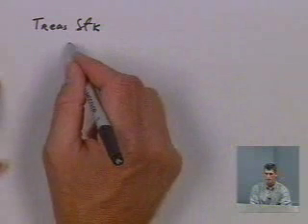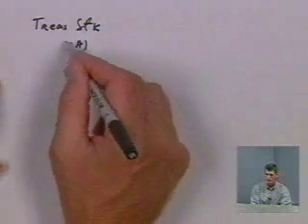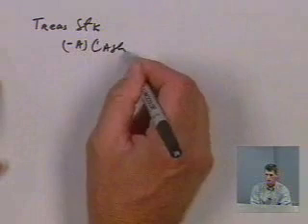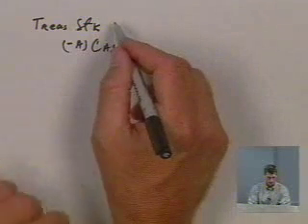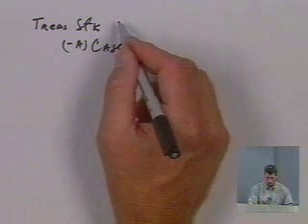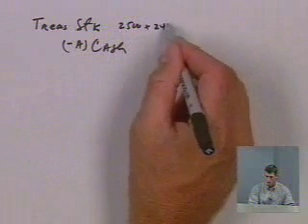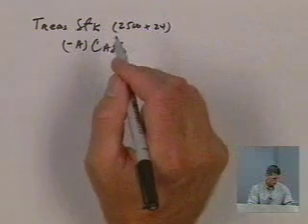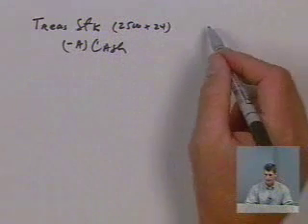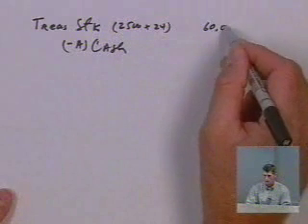And what are we giving up? We're reducing an asset called cash. For how much? And the answer is, well, there are 2,500 shares times $24 per share. We multiply that out, and that comes out to $60,000.